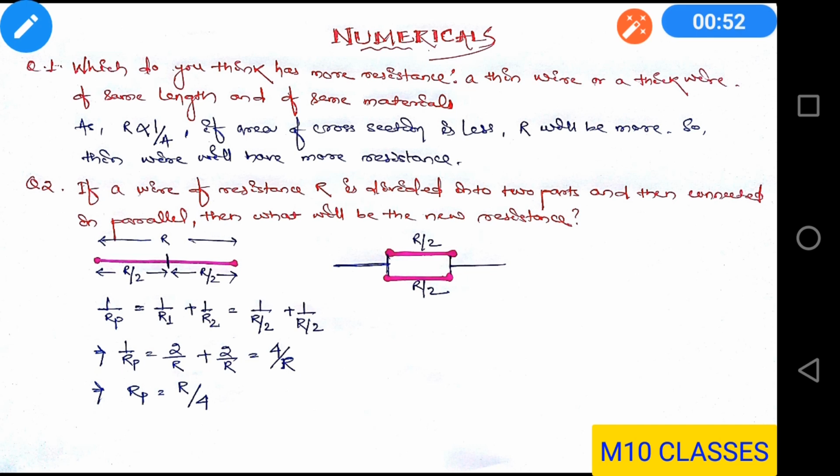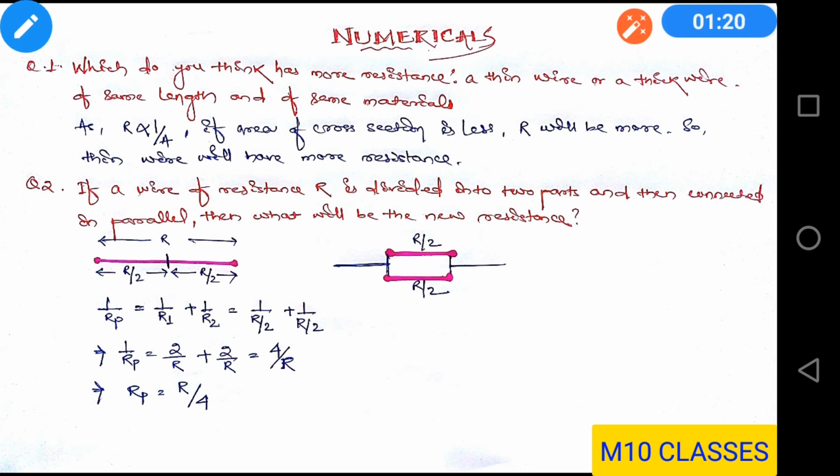Which do you think has more resistance, a thin wire or a thick wire of the same length and of the same material? First of all, from the question, let us see what is the difference between a thin wire and a thick wire. The length is already given the same and the materials are the same. In case of a thin wire the area of cross section is less, whereas in case of a thick wire the area of cross section is more.